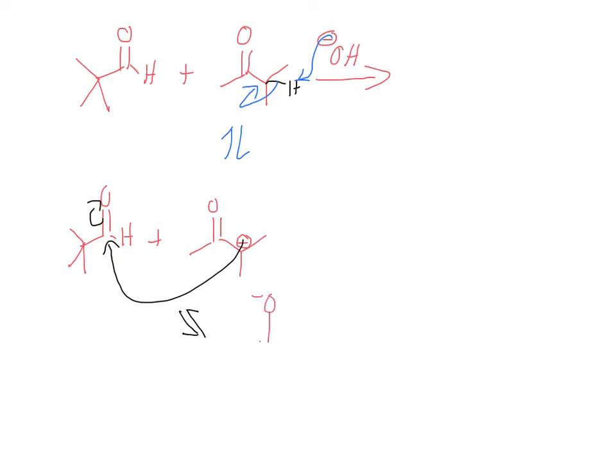So you have an O minus, which still has an H bonded to it. It would be really helpful to number carbons here: 1, 2, 3, 4. So if this was 4, that means this had to be 3, 2, and 1.